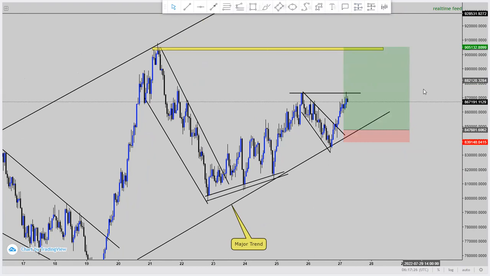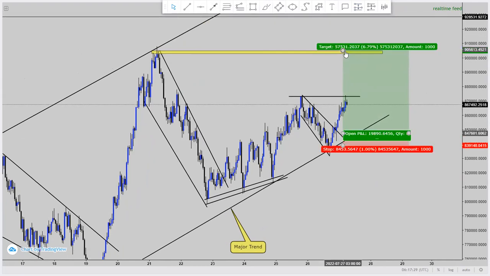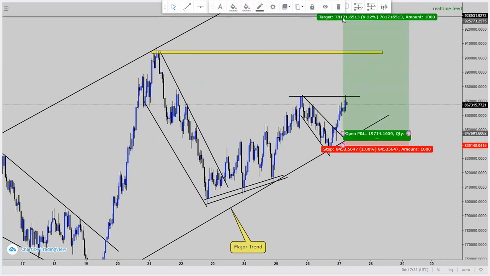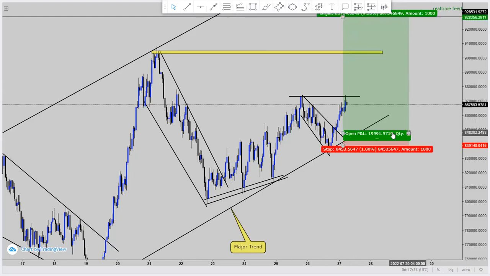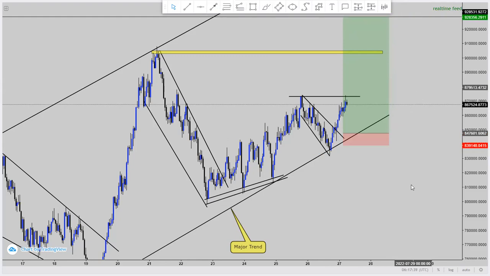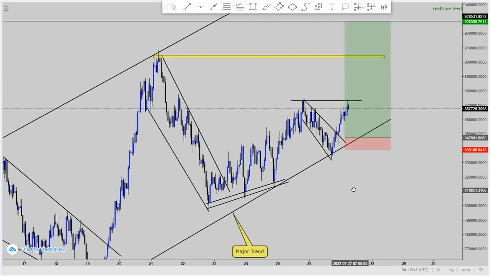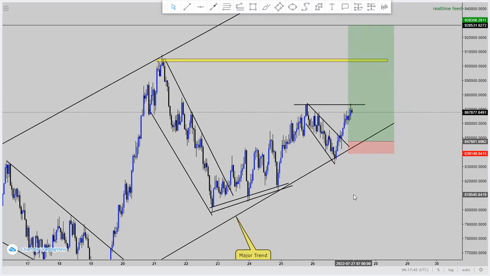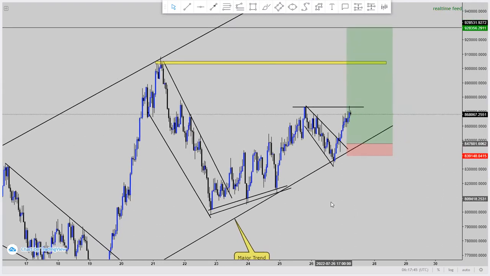You see, even the H4 didn't show any signs of what I saw. It never showed any signs. But there we are. We are now selling hard, and the H4 is not showing anything. Yes.